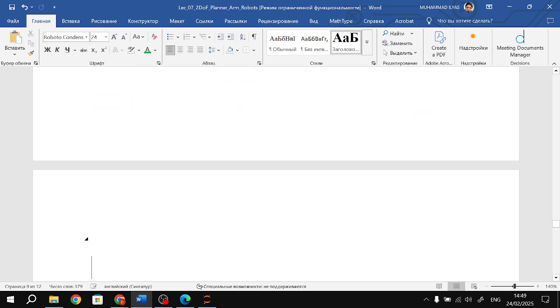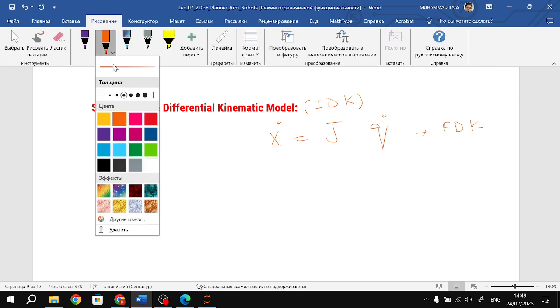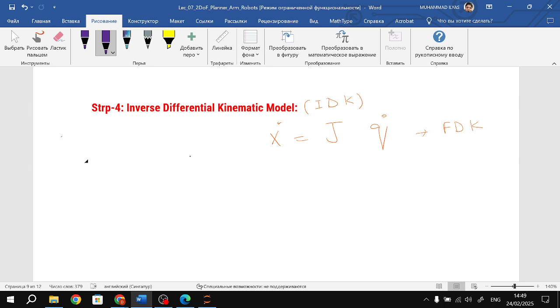So if you have this relationship, forward differential kinematic, what is inverse differential kinematic? First let me tell you this one. If you know the joint speed, you can calculate the end-effector speed or velocity, right?